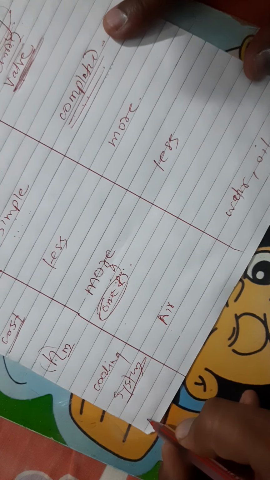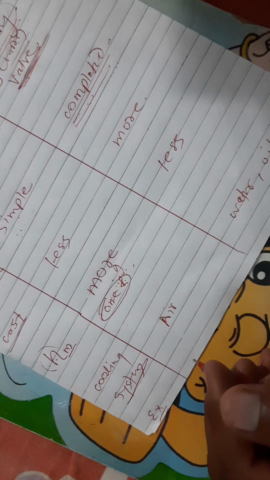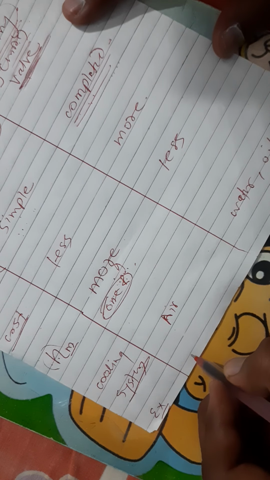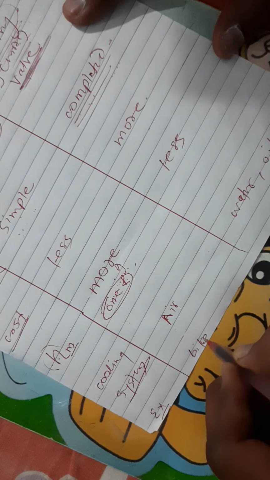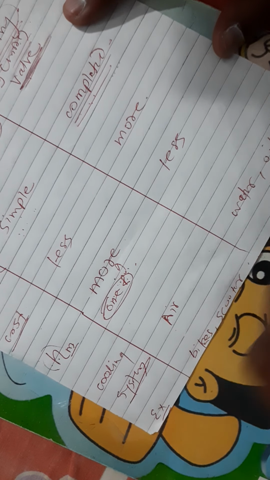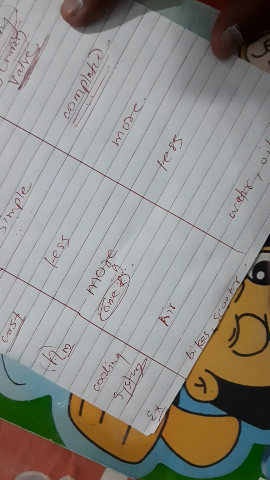Another parameter is examples. See, in two-stroke engines, we find mopeds, sometimes bikes, and scooters. So in scooters, bikes and mopeds we have two-stroke engines.